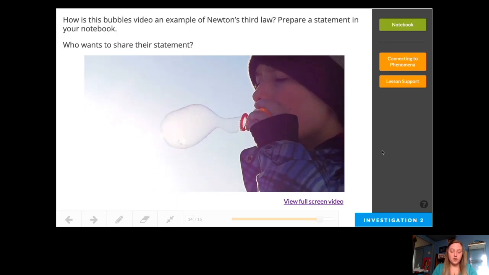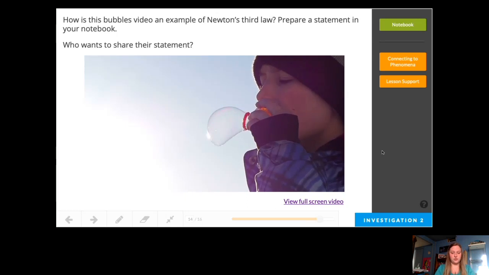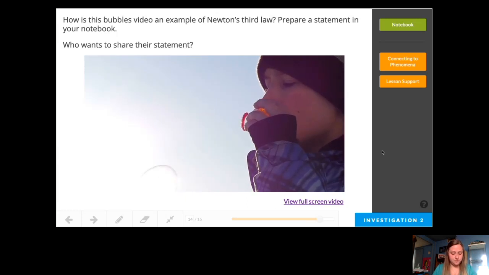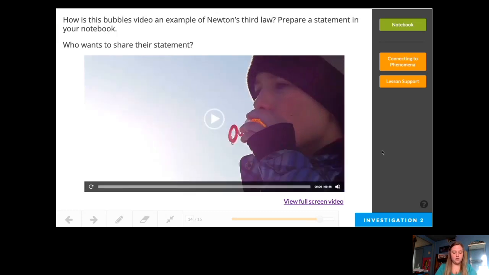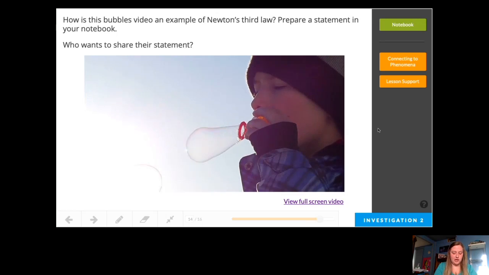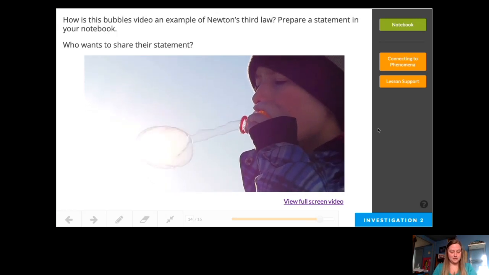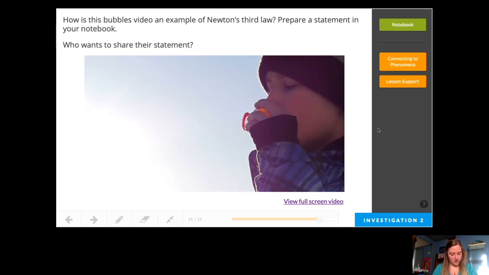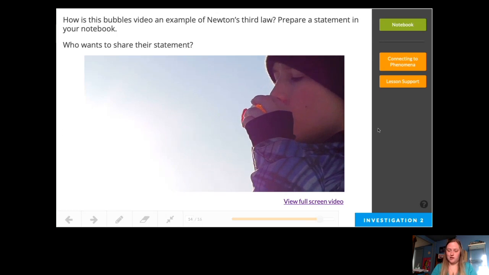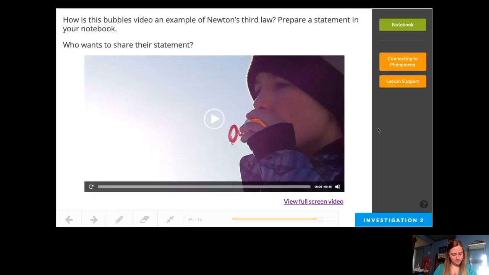Now, this part is more difficult, but what do you think the reaction force is? The soap, of course, pushes back on the air. The soap in the bubble pushes back on the air in the opposite direction, even though we can't see it. So the push of the soap is the reaction force. That one's a little harder to think about sometimes.